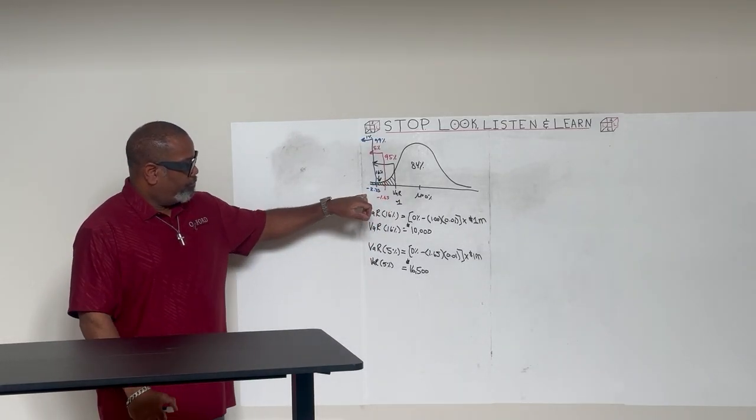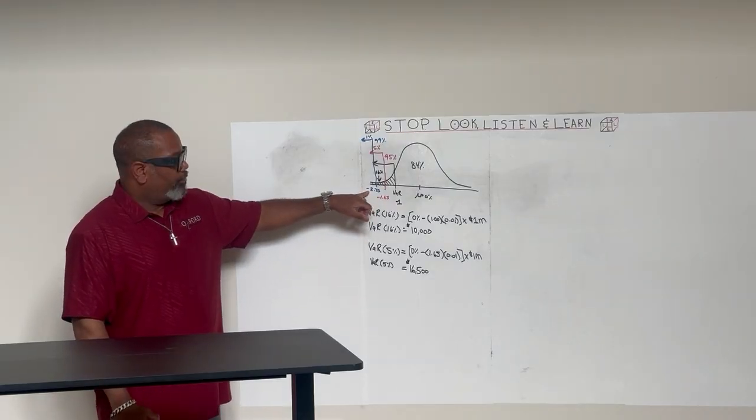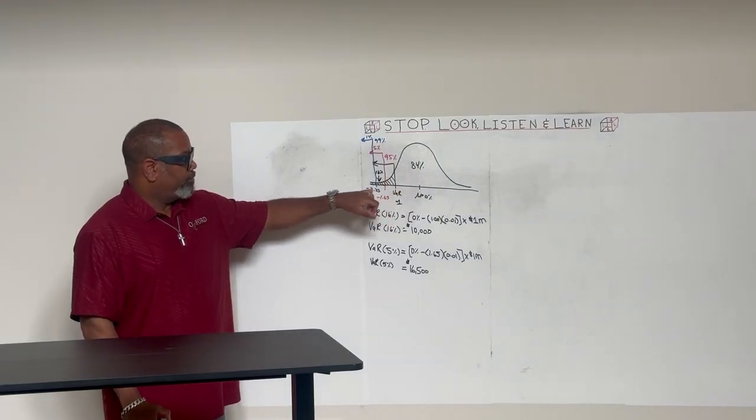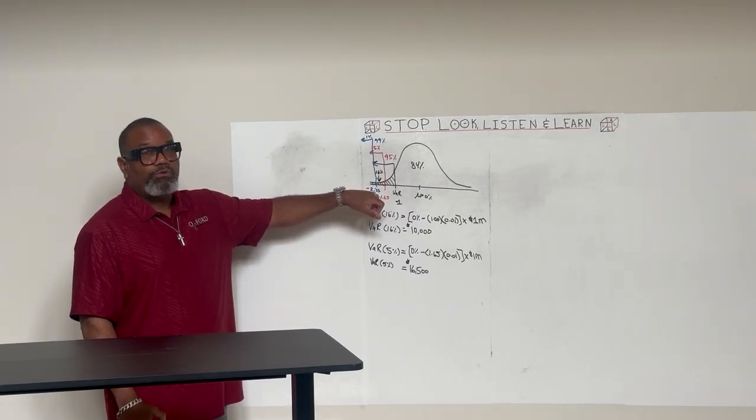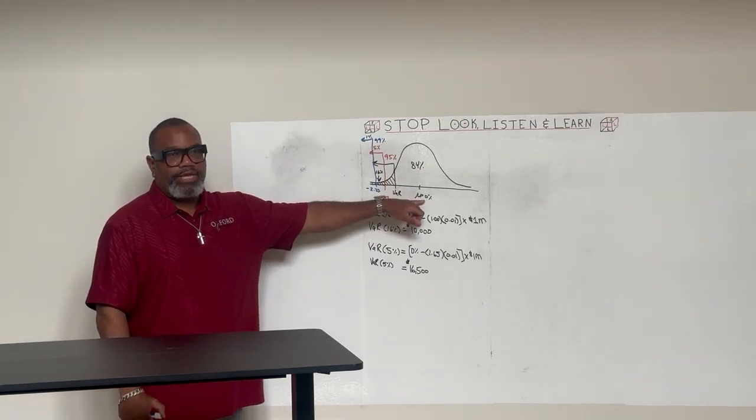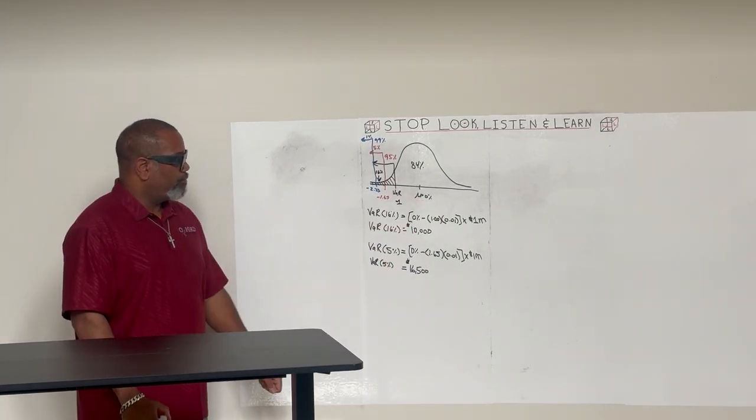And so, as you know, these are z-scores. So what that basically means is that this return would be minus 2.33 standard deviations below the mean, or the expected return on the portfolio.